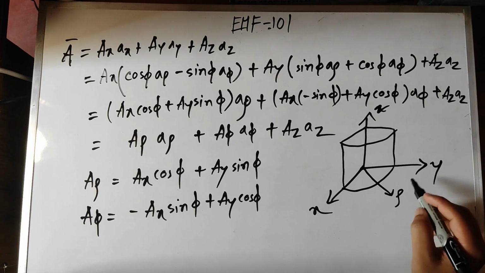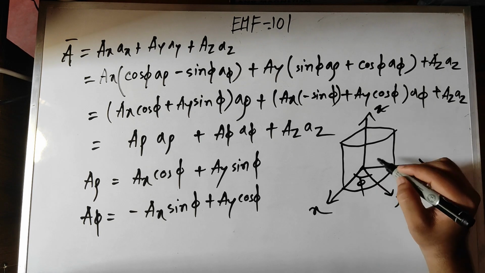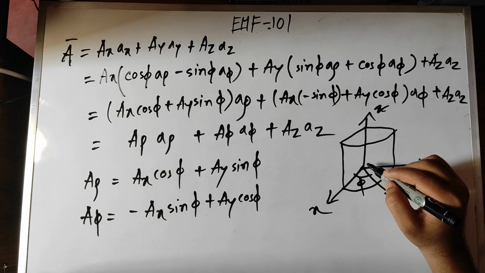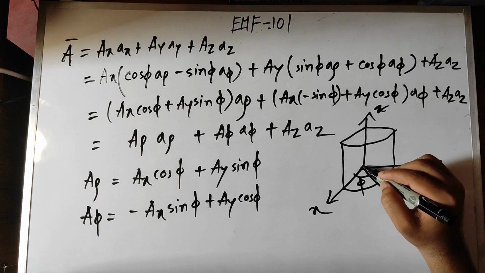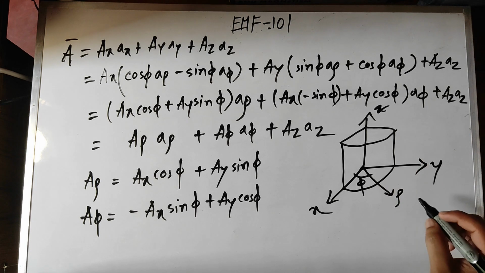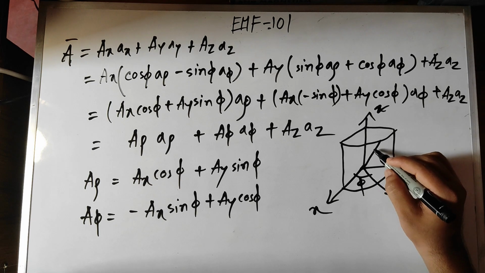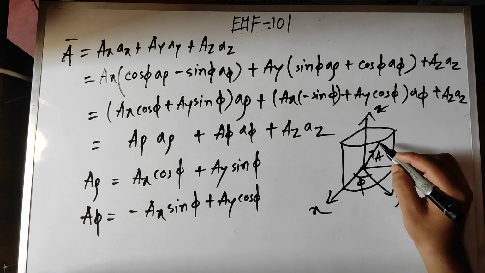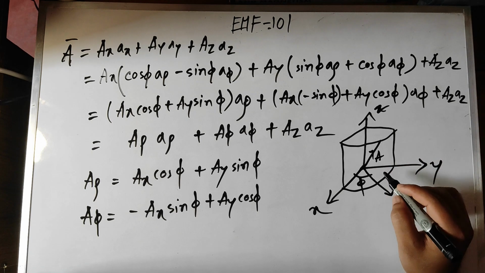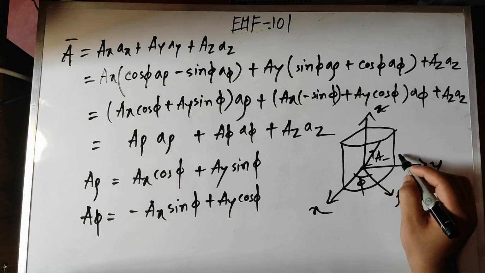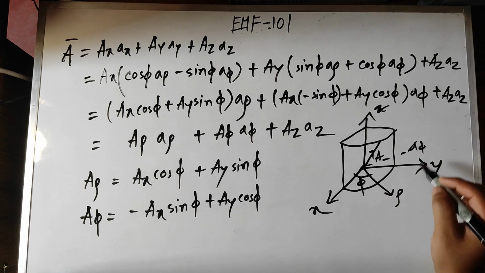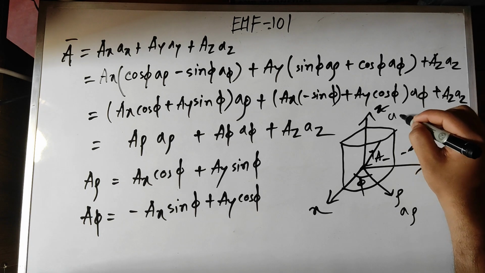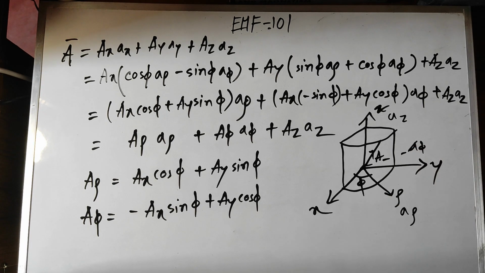This is phi, a rho, this is phi, and say this is a vector, with a phi and a rho and this az direction, which will give us the corresponding values of the components of the full vector.